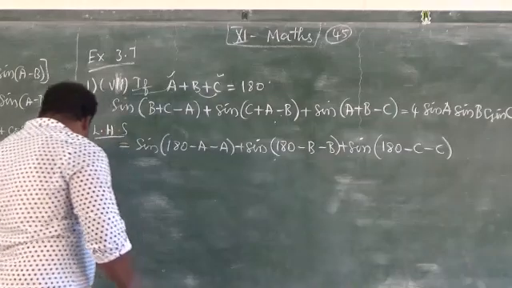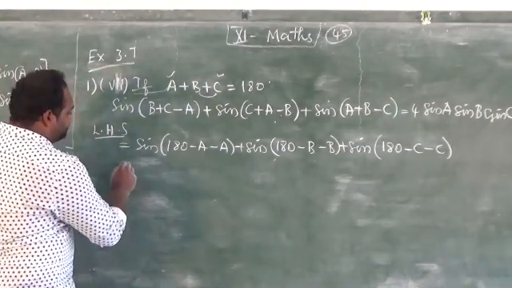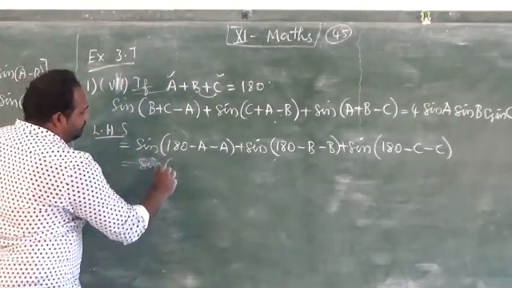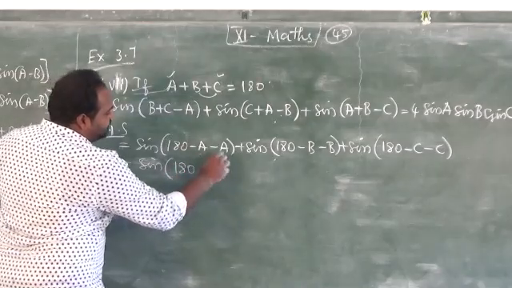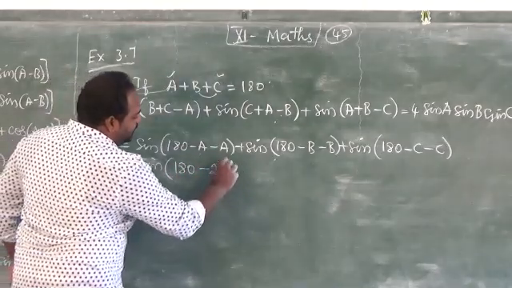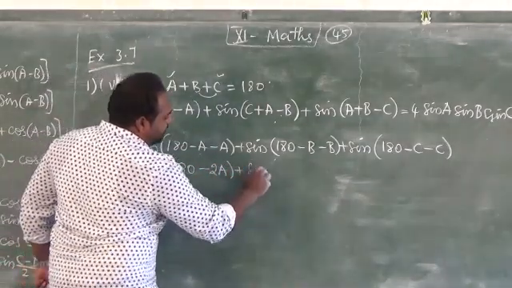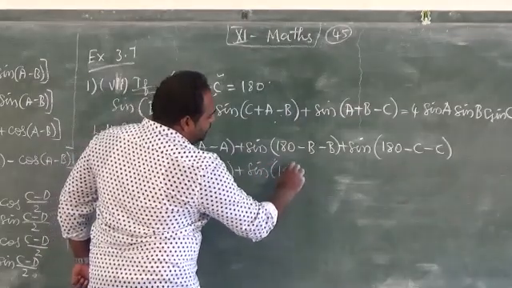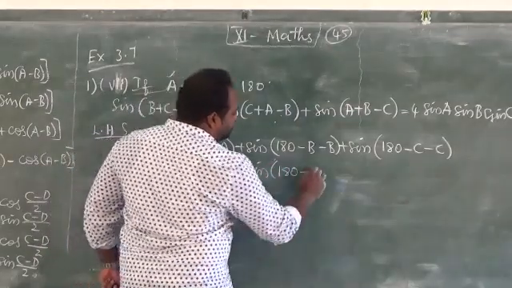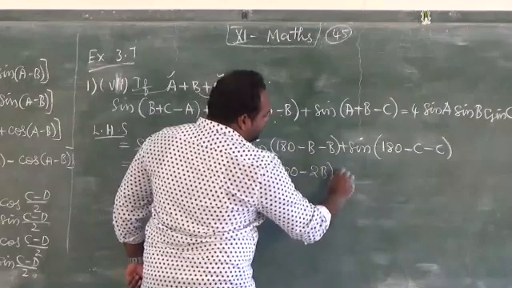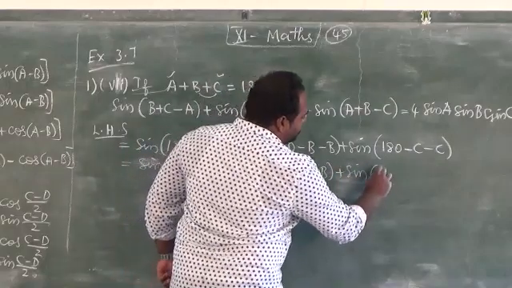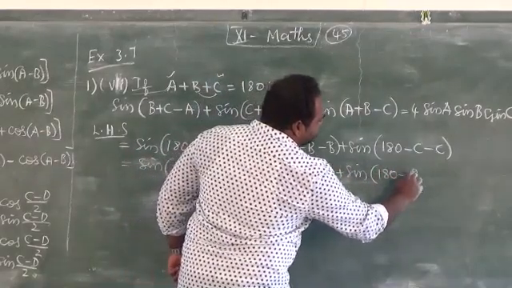So in this case, next, sine of (180 minus a minus 2a... that is, 180 minus 2a) plus sine of (180 minus 2b) plus sine of (180 minus 2c).